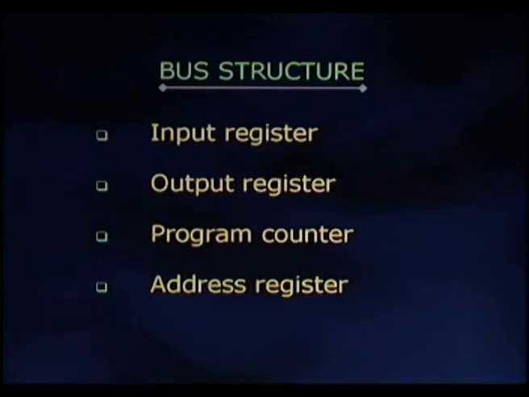The next register is the address register. Address register, or memory address register, is used to store the address of the memory whose contents have to be read or written under the instructions of read or write signals. The memory address register will also have the same facilities as the program counter.